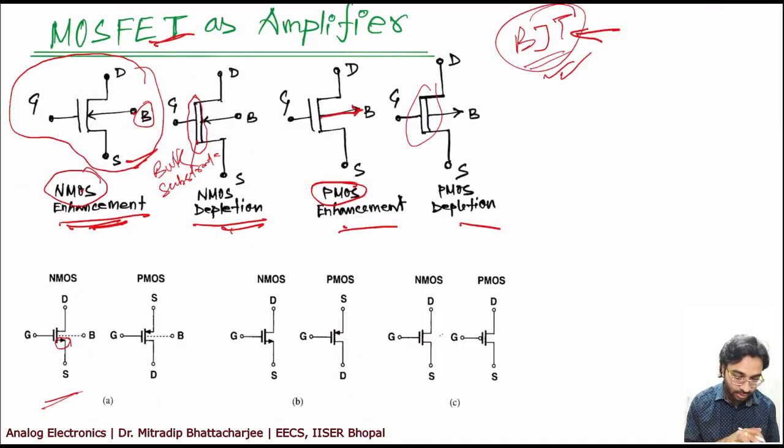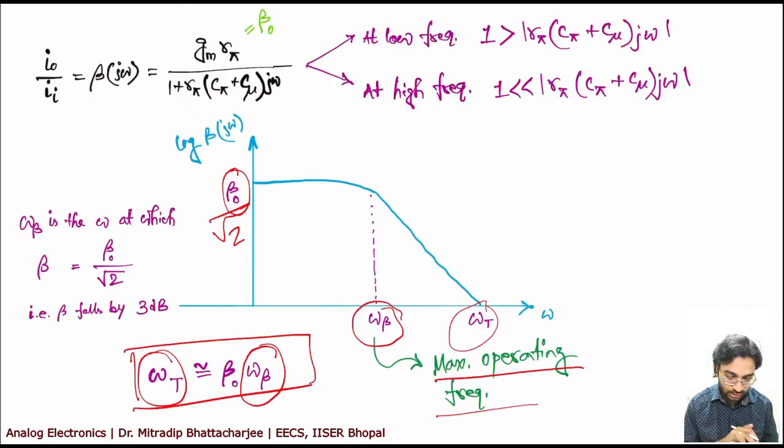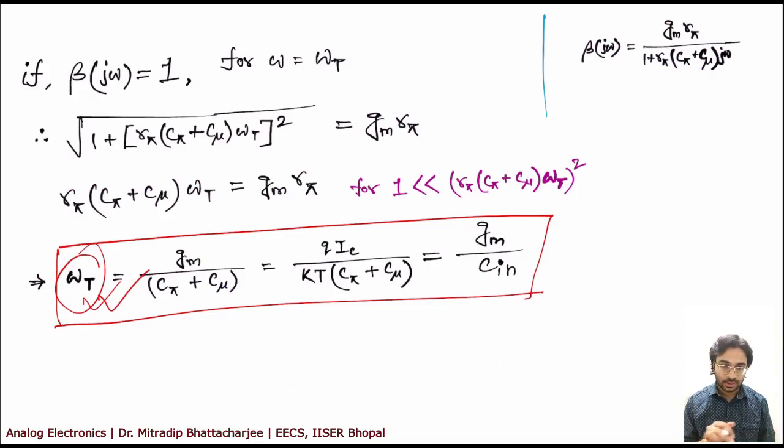If you look at the WT value, which I have discussed, gm is a factor. So if your IC is higher, then your gm is higher, your WT is higher, so you get a bigger bandwidth as well.